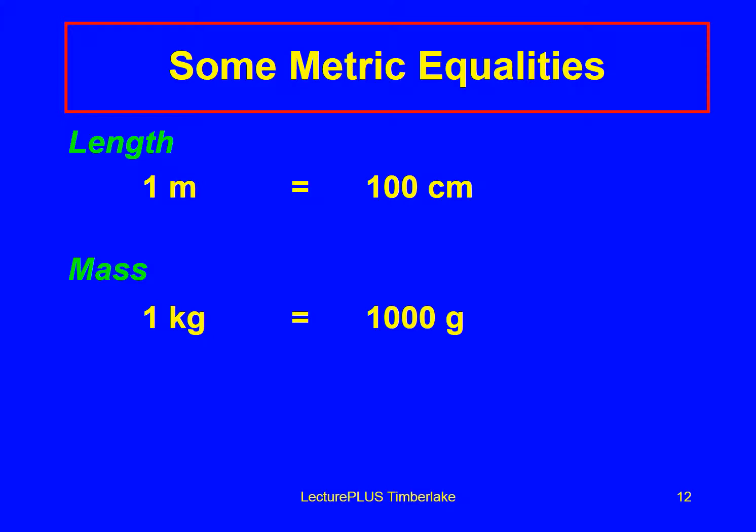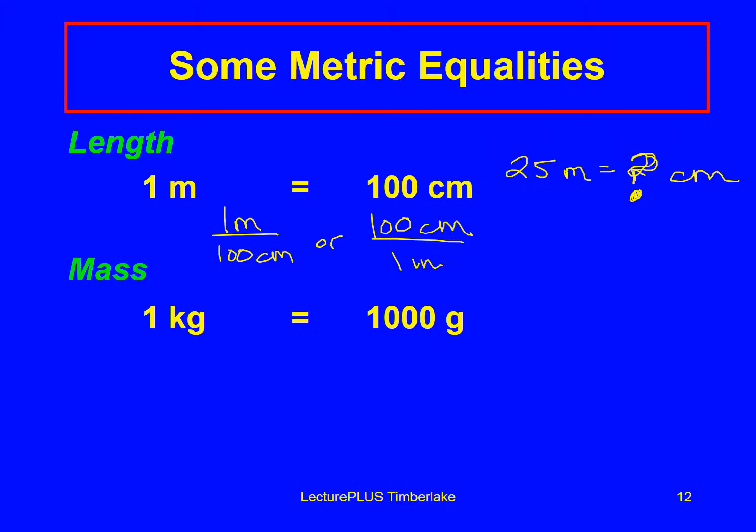So 1 meter is equal to 100 centimeters. So if you had something like 25 meters and you wanted to know how many centimeters that was, we would want to set up our equality the same way. Again, you can make conversion factors out of this: 1 meter over 100 centimeters, or you can flip it around, 100 centimeters over 1 meter.